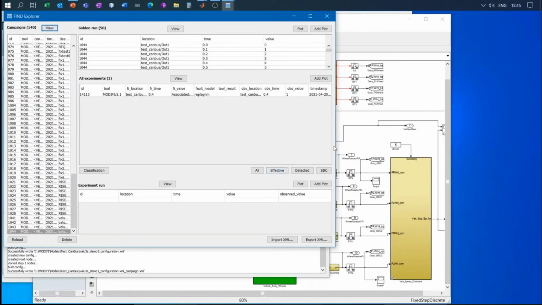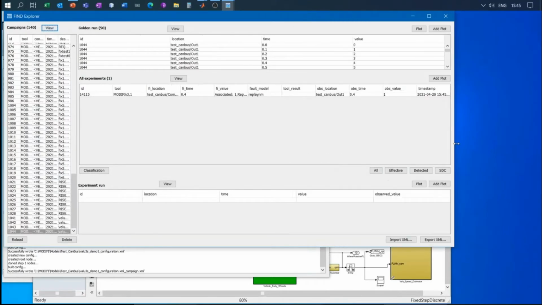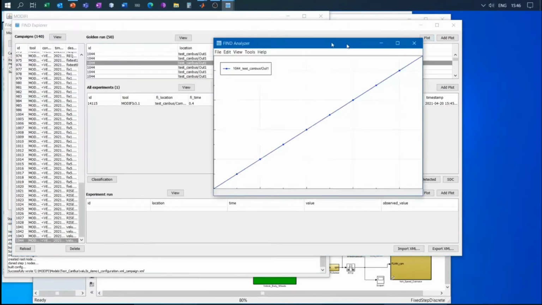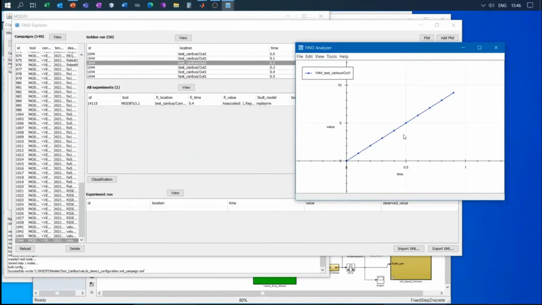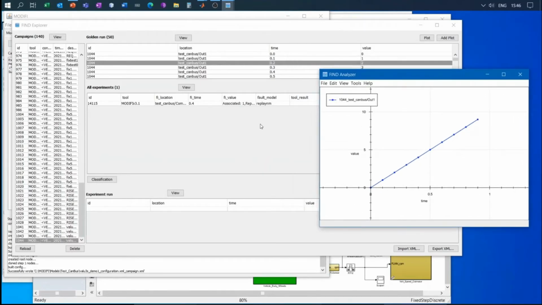And at the top, we see now the golden run, the nominal behavior of all the output signals on the model. And in the middle, we see all the experiments that were performed. In this case, just one. Now we plot the nominal behavior, and it just counts upwards from 0 to 9 for each time step.